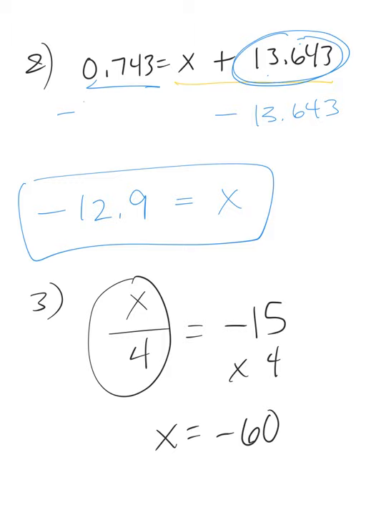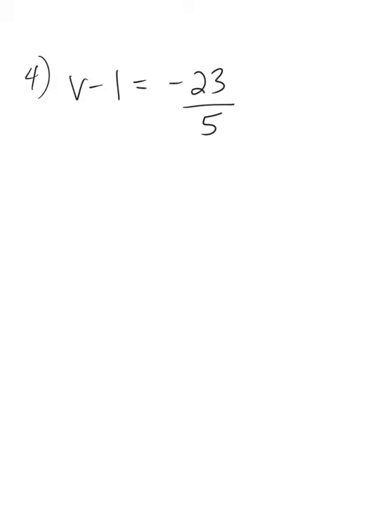And you can check all these answers by putting it back into the problem. Next, v over 5 minus 1 equals negative 23 over 5. Can you still do the thing where you do times 5? Yes. How would I get rid of that number?